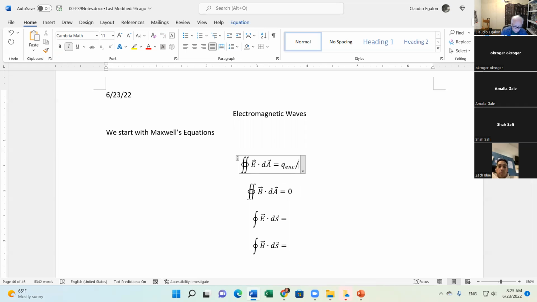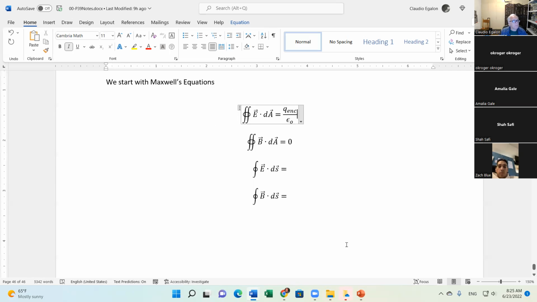But we also have a constant. So we have almost half of those equations.